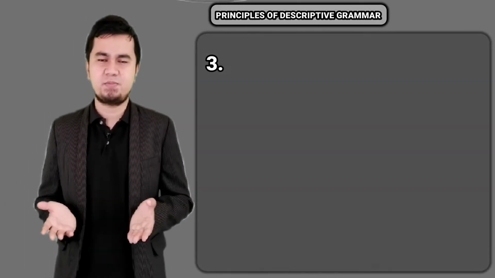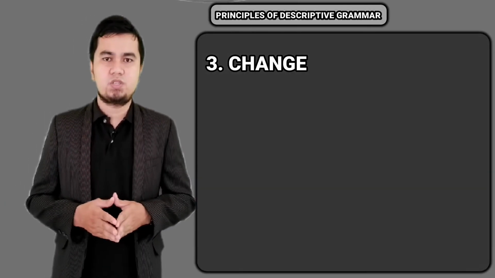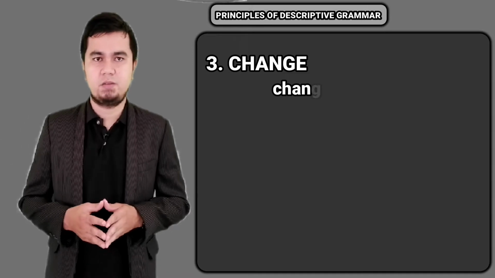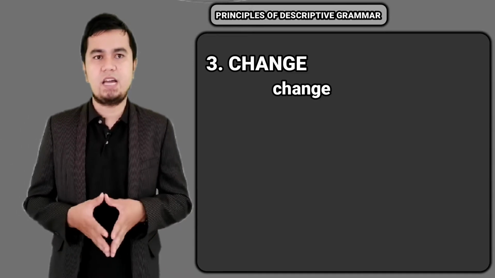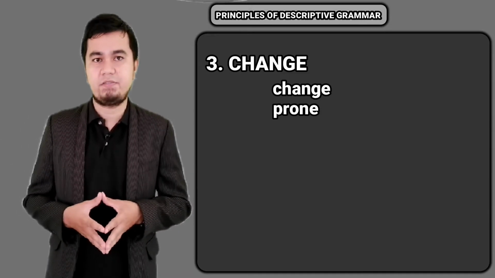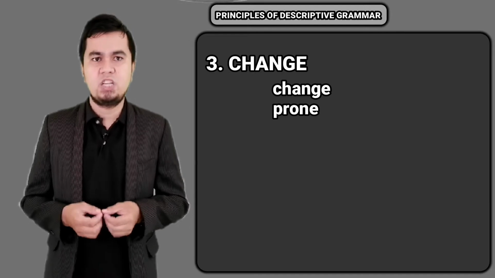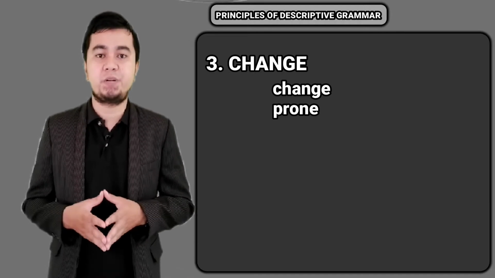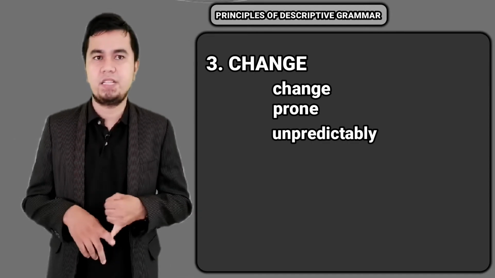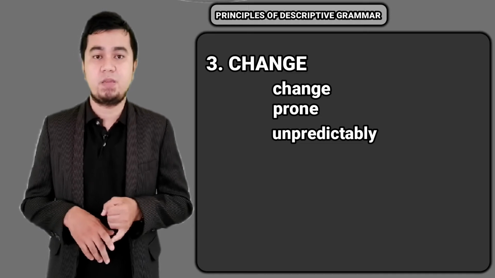The next principle is change. In this principle, the descriptive grammar undergoes change, because the language is prone to be affected by change. So change here can occur unpredictably. So that's the third principle of the descriptive grammar.